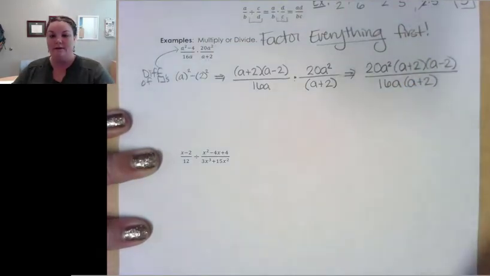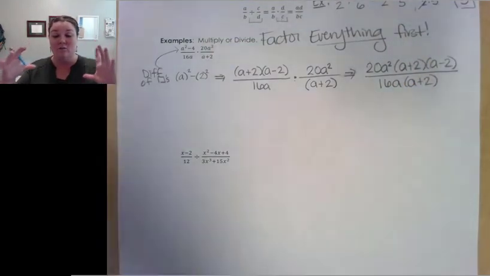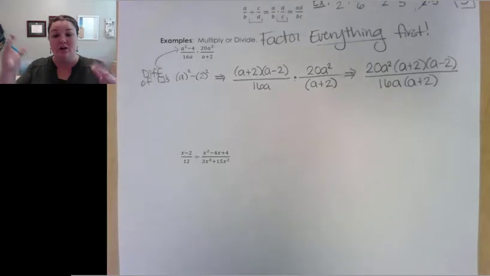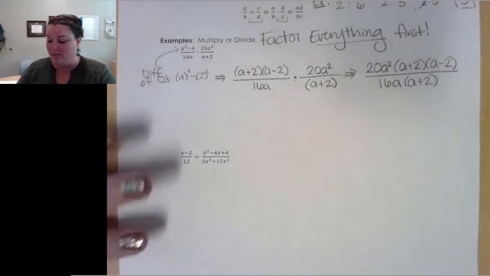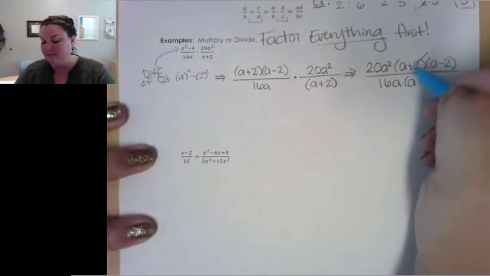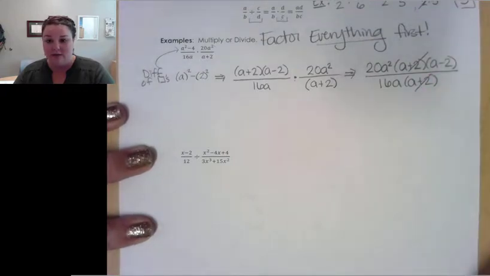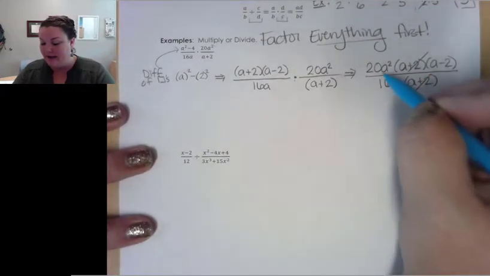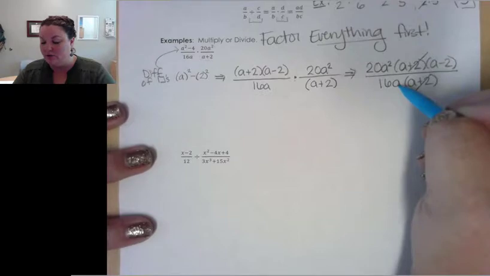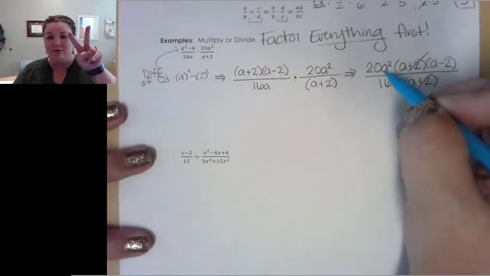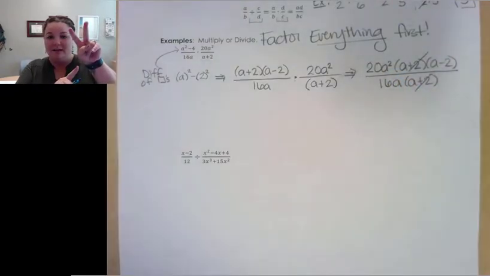Now that we have it all as one fraction, we can cancel anything they have in common on top and bottom. So my a plus 2 will cancel. Then I have 1 a down here and 2 a's up here. If I have 2 a's on top and 1 a on bottom, I can cancel 1 on top and bottom.